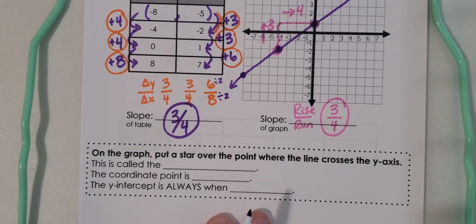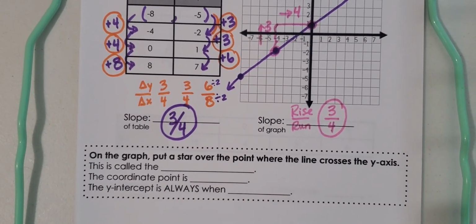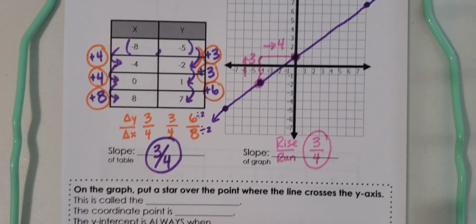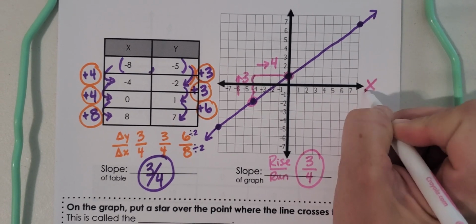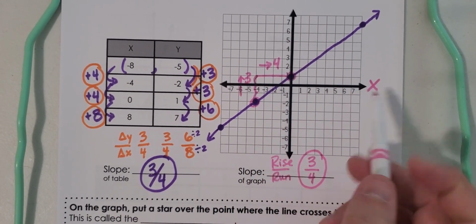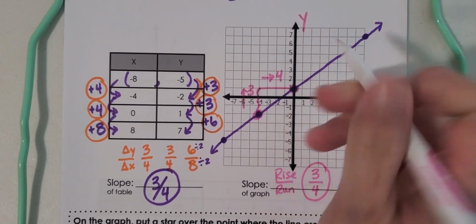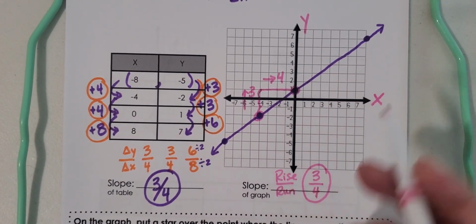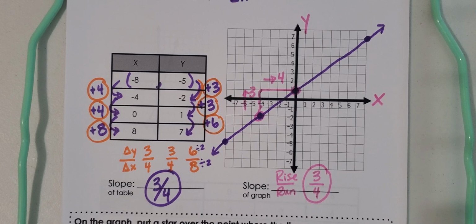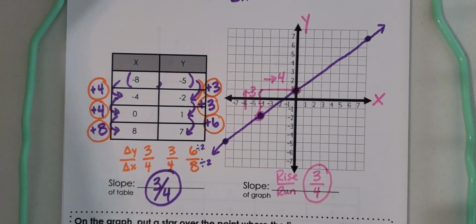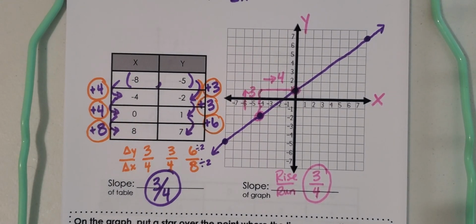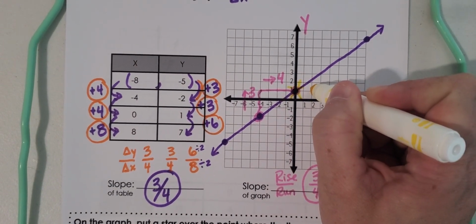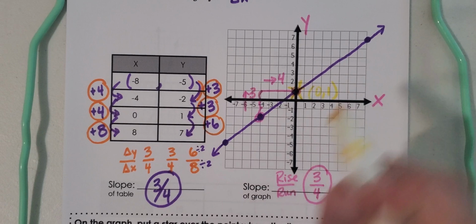So on the graph, put a star over the point where the line crosses the y-axis. On the graph, we have an x-axis that is a horizontal line. We have our y-axis, which is our vertical line. And we have this diagonal that cuts through it all. We're looking for the point that crosses over the y-axis, which is going to be at the point 0, 1.